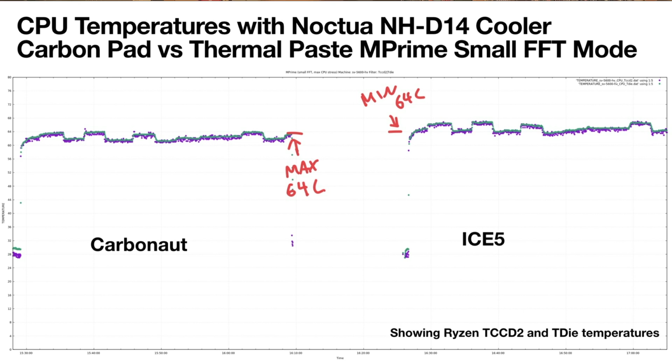We can see that with the carbon pad, we are maxing out at 64 degrees C, while with the ICE5 under load, the minimal temperature is 64 degrees C. So in a direct comparison, the carbon pads are a little better than the ICE5 thermal paste.